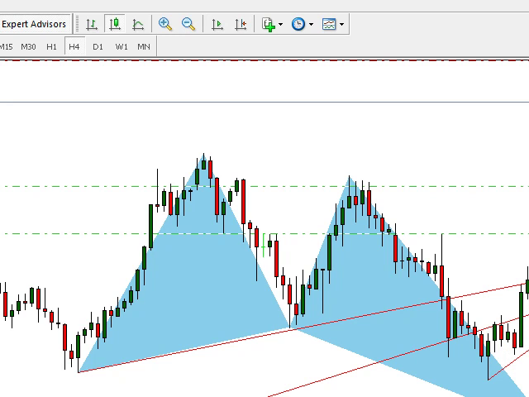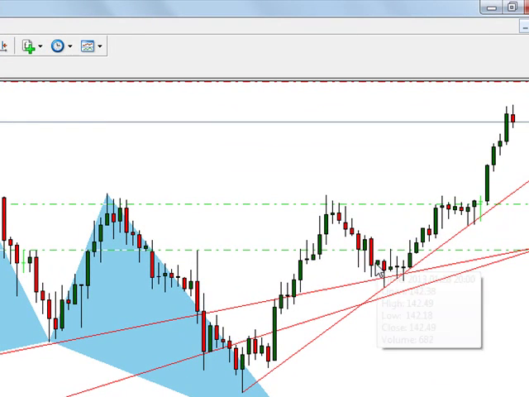We also took another trade here based on the indecision pins, the doji and the pin bar, and another based on the trend line bounce. We took a trade here, and also here with this bullish pin, another trend line bounce.